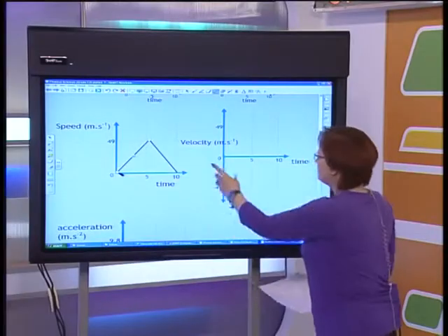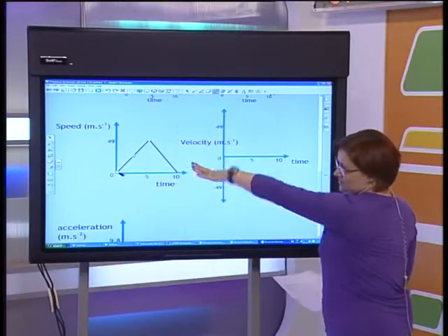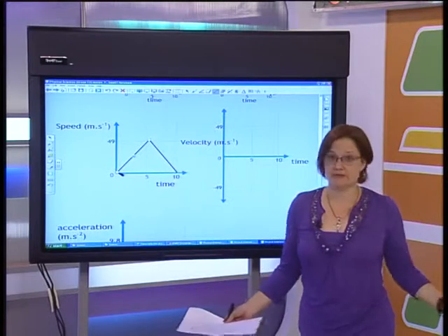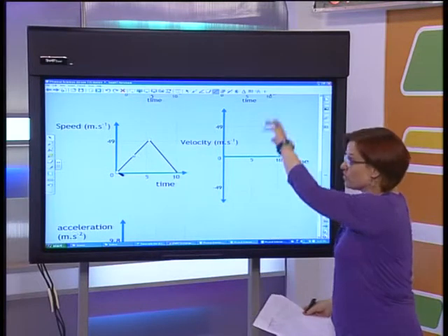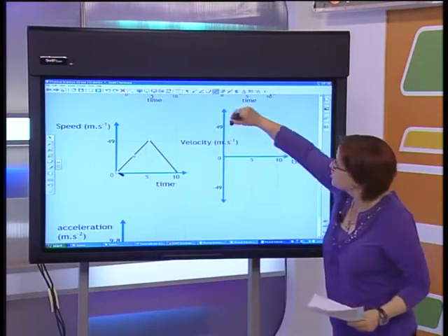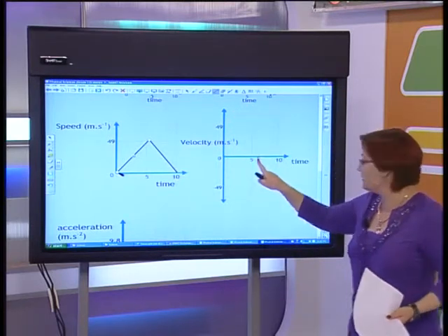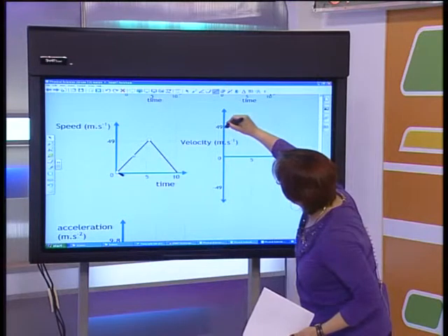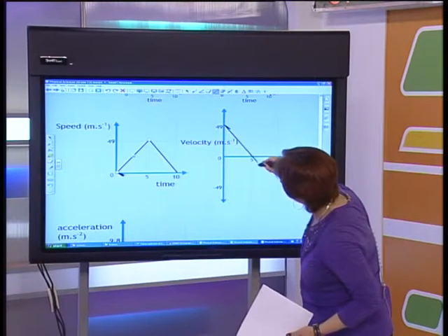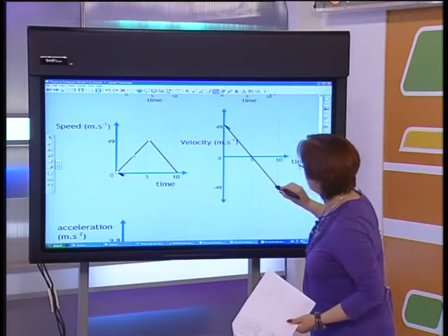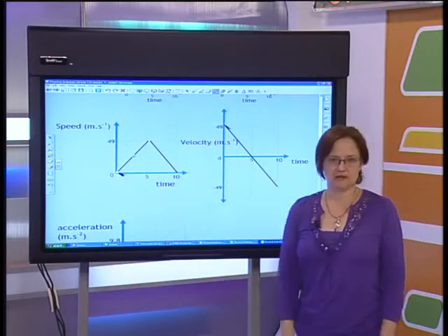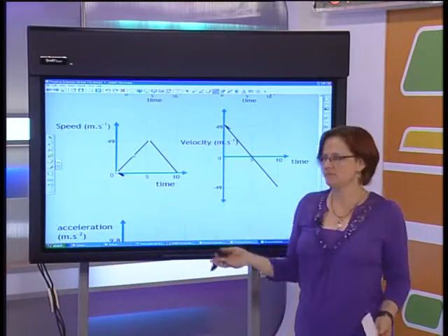I'm a science teacher. Anyway, so speed, not concerned with direction. Velocity, we are. Now, we've chosen down as positive, which means it starts at the top. At 5 seconds, it goes through 0, and then it goes back to 10. So the nice thing is, it's a nice straight line going through the axes. Can you see the shape sort of looks the same?